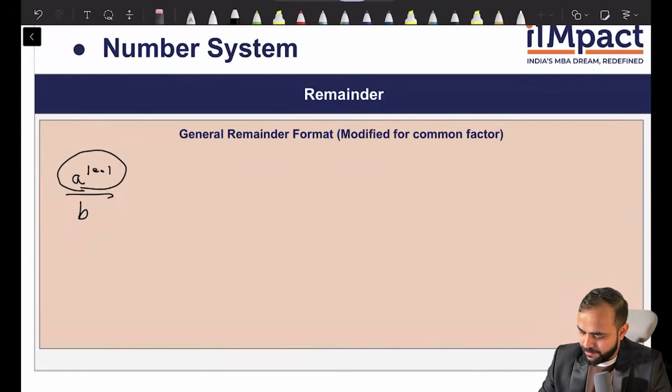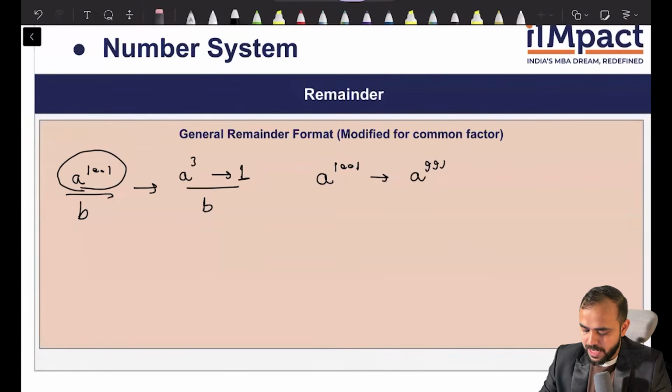itself. So if, let's say, I get that a cube leaves a remainder of 1 when divided by b, I can write this a to the power 1001 as a to the power 999 into a square divided by b.